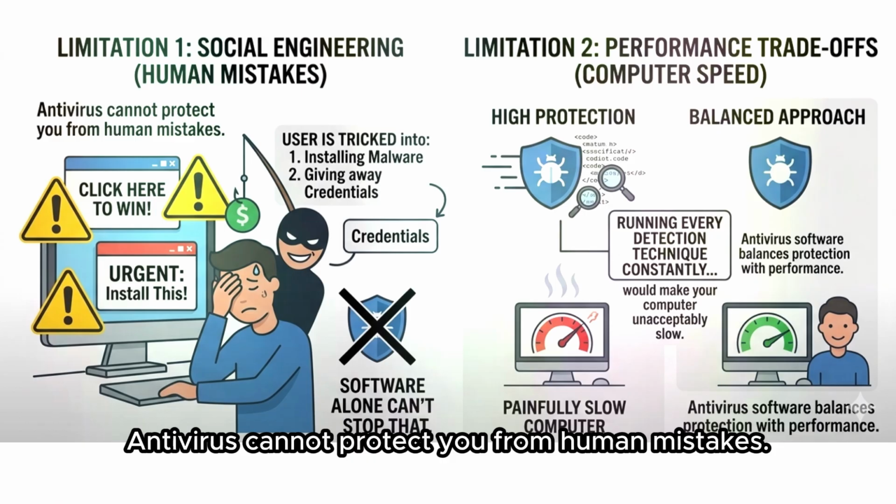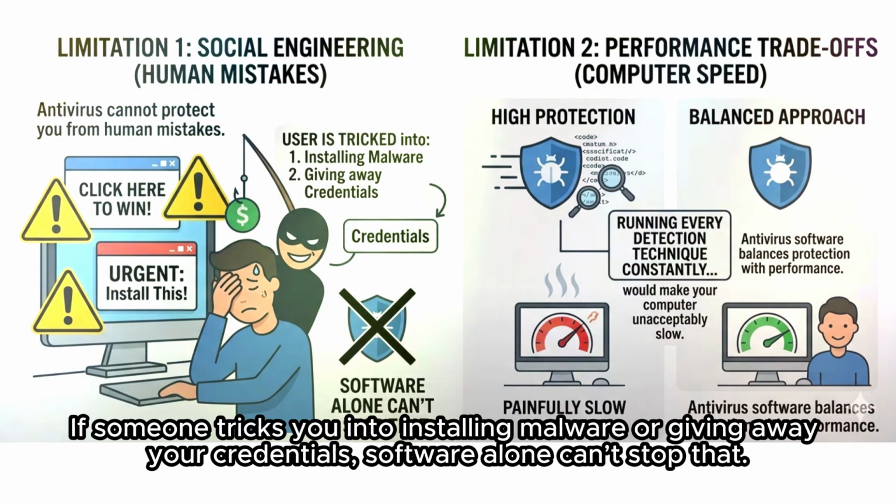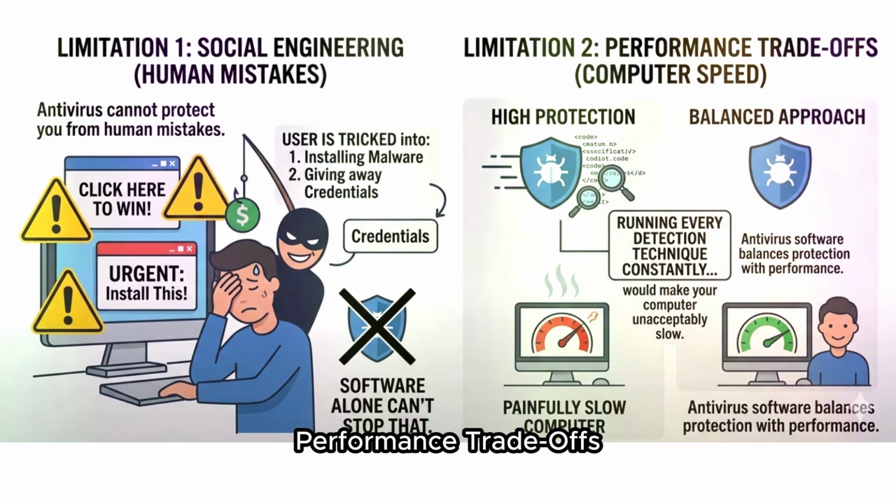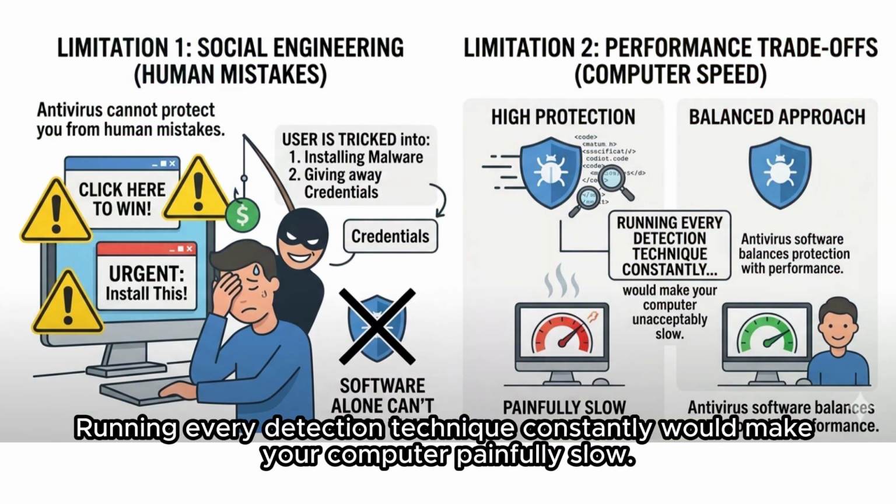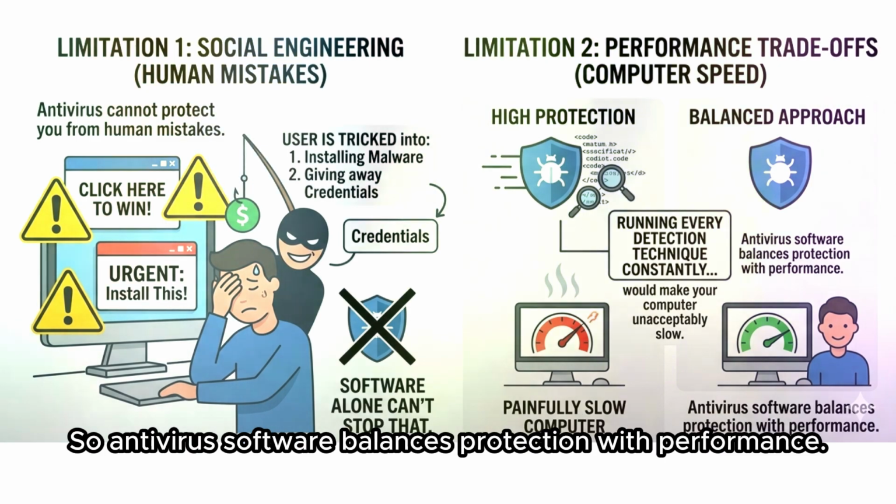Social engineering. Antivirus cannot protect you from human mistakes. If someone tricks you into installing malware or giving away your credentials, software alone can't stop that. Performance trade-offs. Running every detection technique constantly would make your computer painfully slow, so antivirus software balances protection with performance.